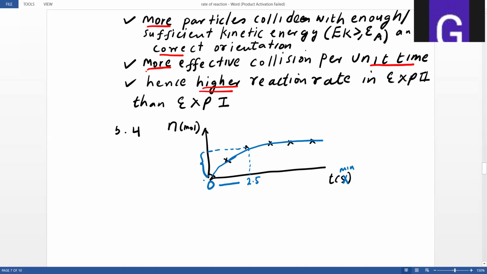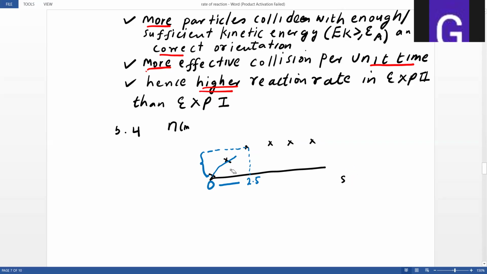But by the way, it will not start at 0, because for aluminium carbonate, its initial number of moles is provided. So I must not do this.